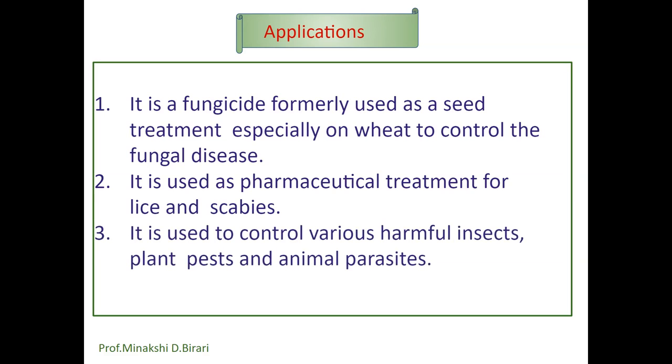It is also used to control various harmful insects, plant pests and animal parasites. Benzene hexachloride kills or controls insects, grasshoppers and common pests. It is used as a dust containing 5 to 10% active ingredient, as an emulsion containing 25% gamma isomer, and as granules containing 6 to 10% active ingredient.